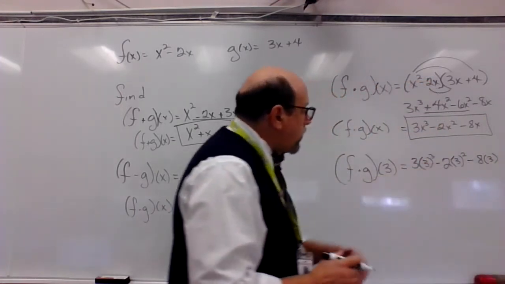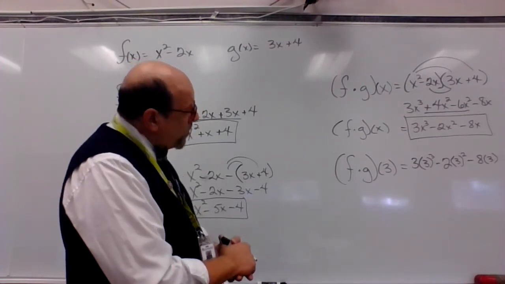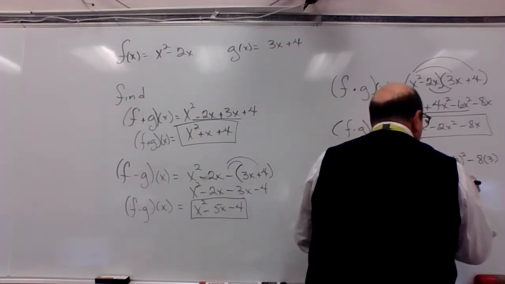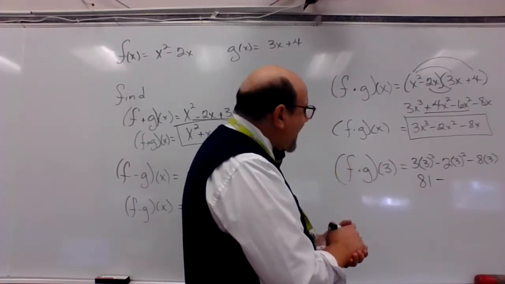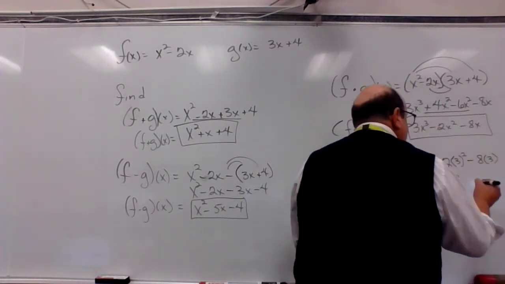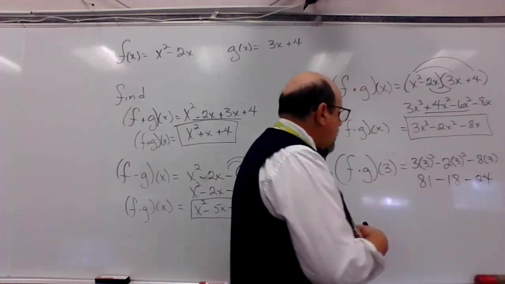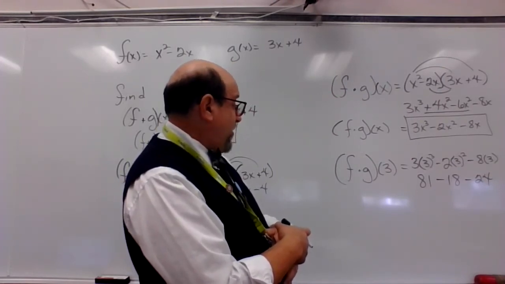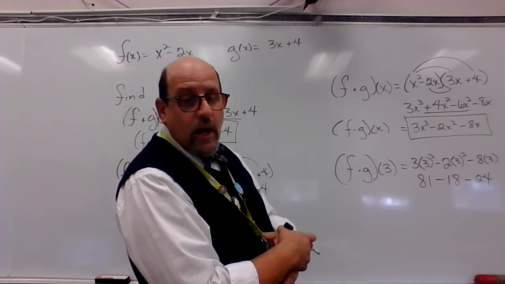All right, we'll do some of this math. 3 cubed is 27 times 3, if I'm not mistaken, is 81. 81 minus 2 times, or 3 times 3 is 9, times 2 is 18, and then minus 24. So 81 minus 42 is, what is that, 39? I think that's 39.